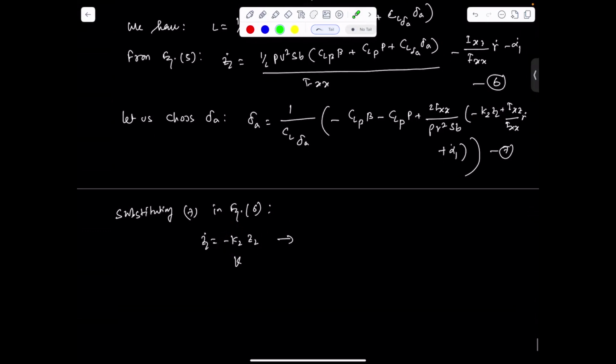And here we can say K2 is greater than 0. And this is basically asymptotically stable dynamics.